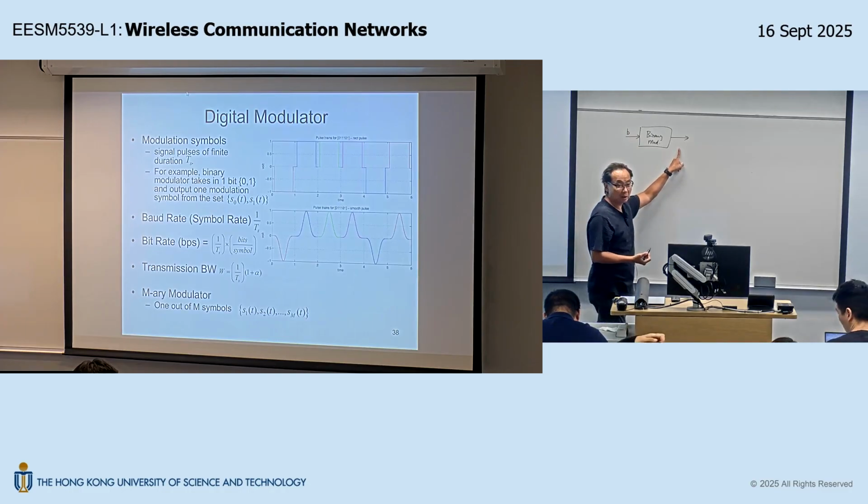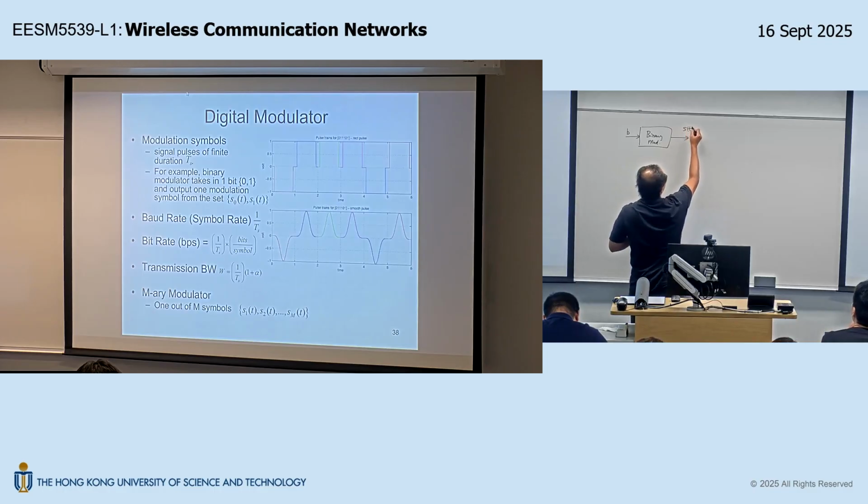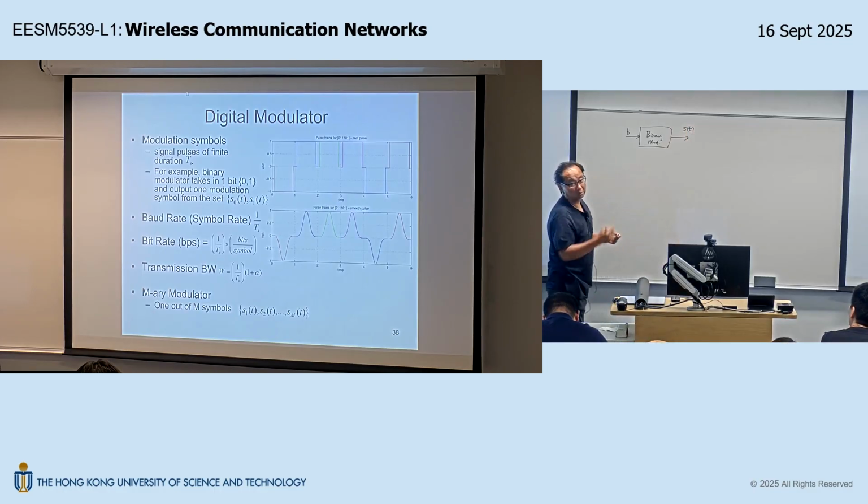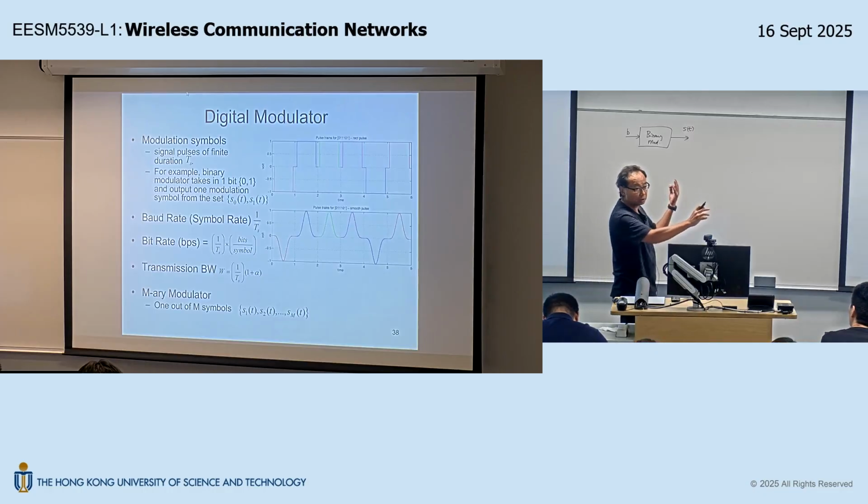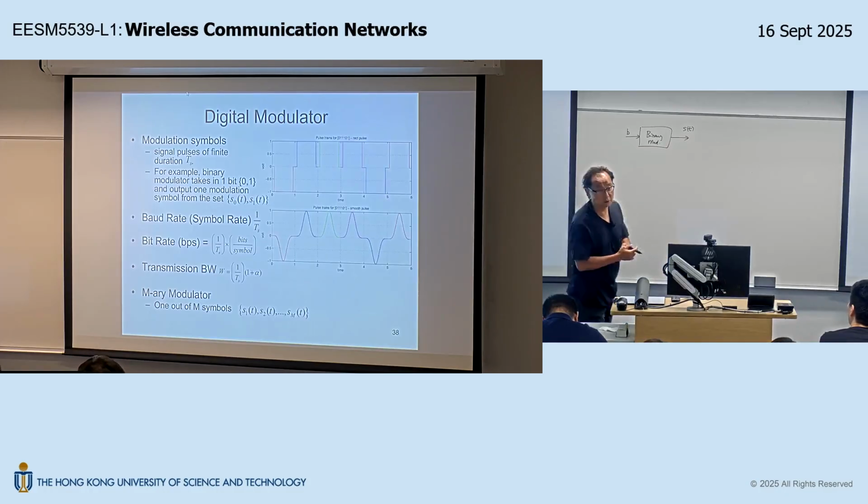And the output of the binary modulator transmits a symbol. This symbol, a waveform, would match the requirement of the channel. If we are talking about a coaxial cable channel, then it will be a baseband signal. If we are talking about a radio channel, then it would be a bandpass signal. Is that okay? So this signal is designed to match the requirement of the channel.